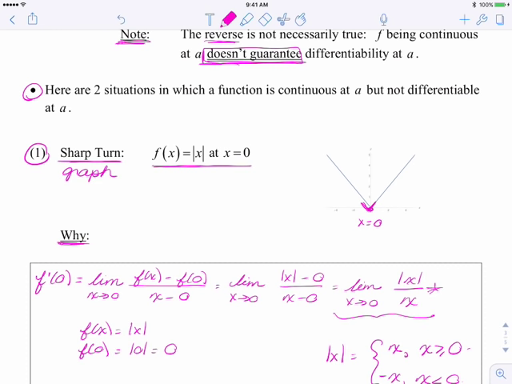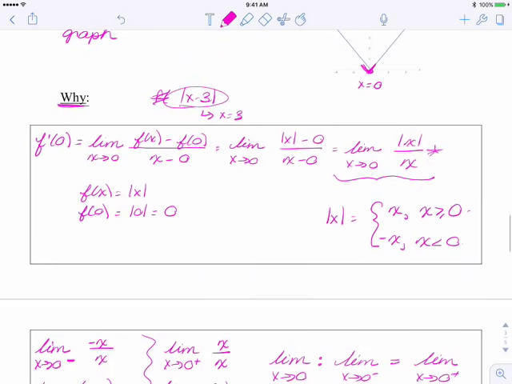For example, if you have the absolute value of the quantity x minus 3, let's say, this is equal to 0 when x is equal to 3. So this particular absolute value function has a sharp turn at 3, which means that function is not differentiable at 3. Continuous, yes. Differentiable, no.